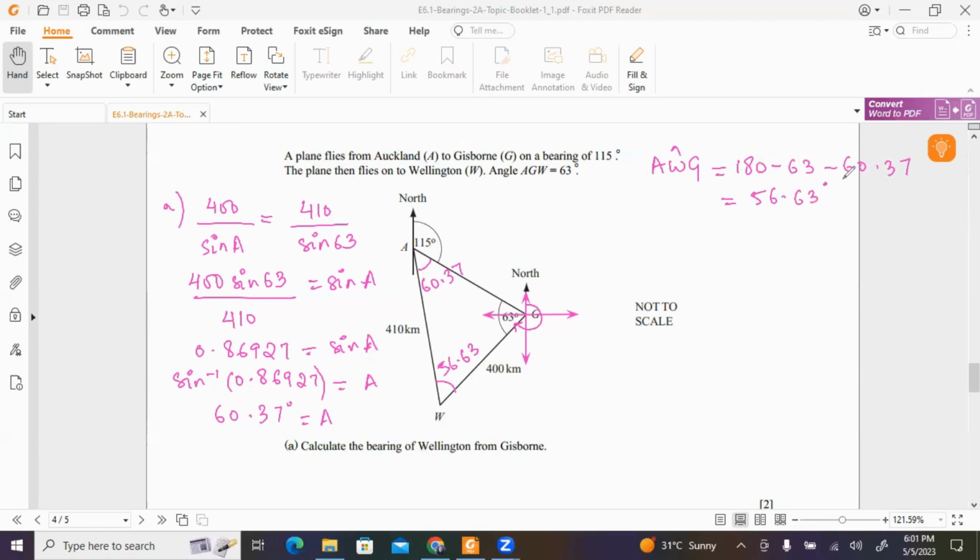Okay. So now that we have the angles, we know that alternate angles are equal. So if this is 115 over here, this is going to be 115. If we do 180 minus 115, that's going to be 65.